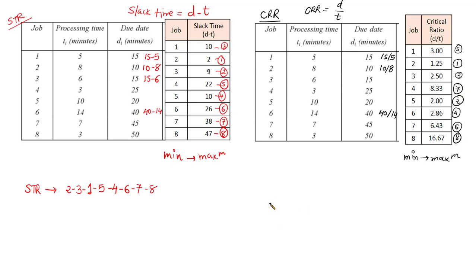So what will be the sequence according to CRR? It will be 2, 5, 3, 6, 1, 7, 4, 8.